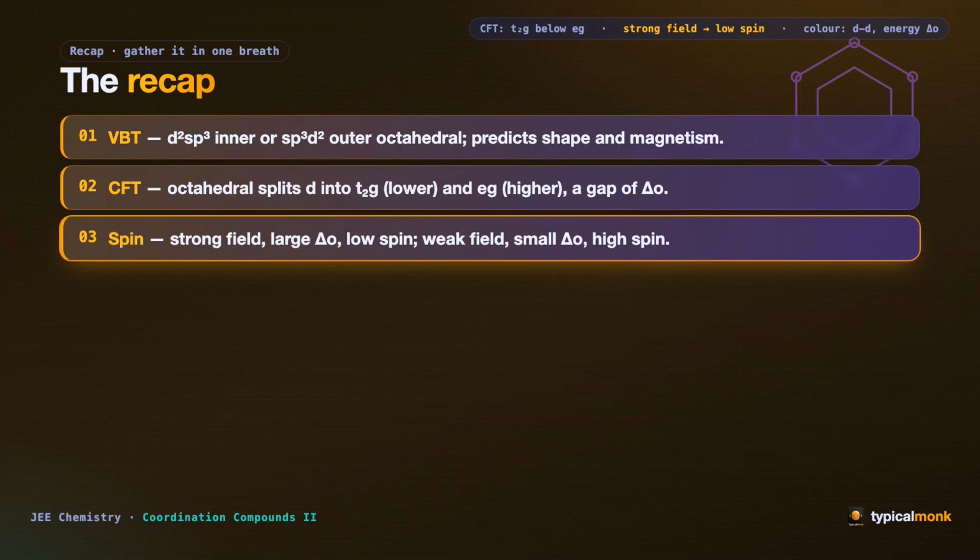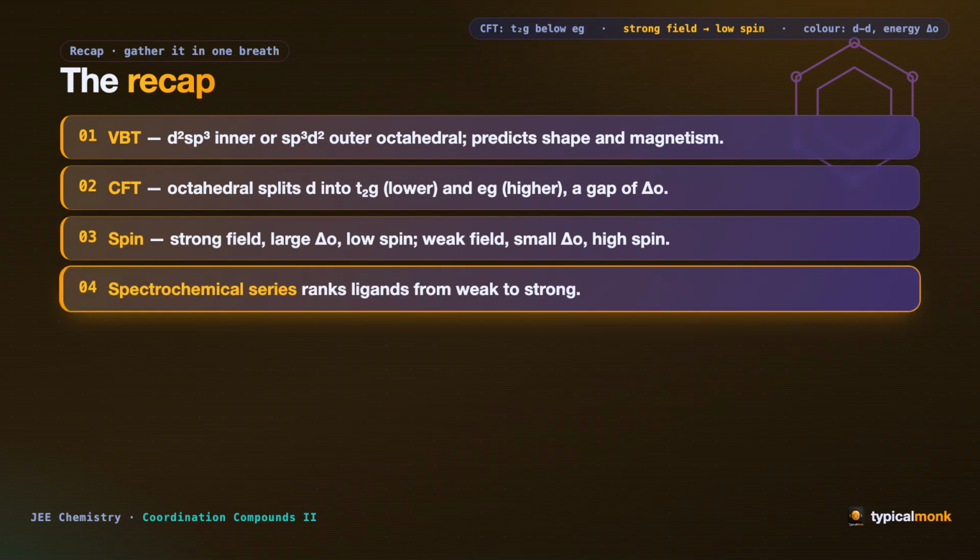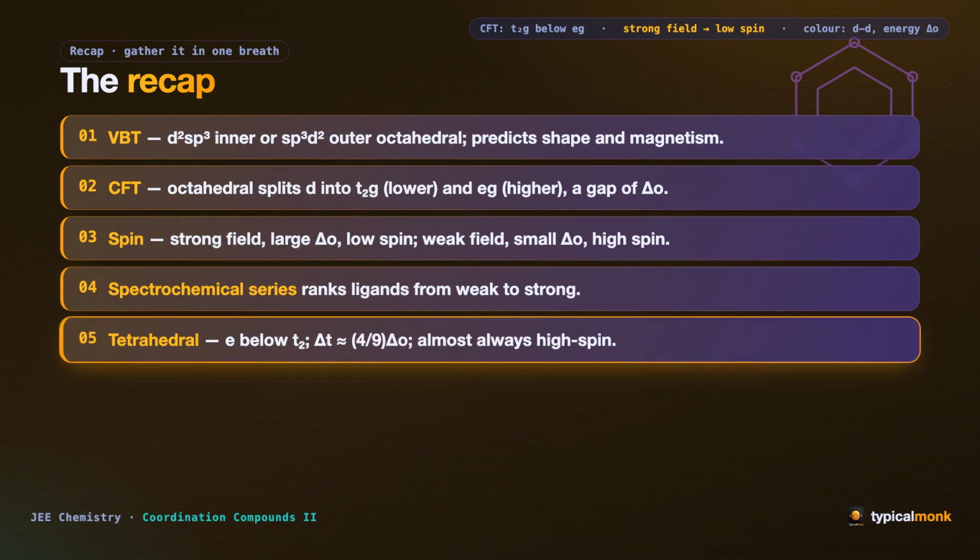A weak field, a small delta O, high spin. The spectrochemical series ranks the ligands from weak to strong. Tetrahedral: the E set below the T2 set, delta T about 4/9 of delta O, almost always high spin.